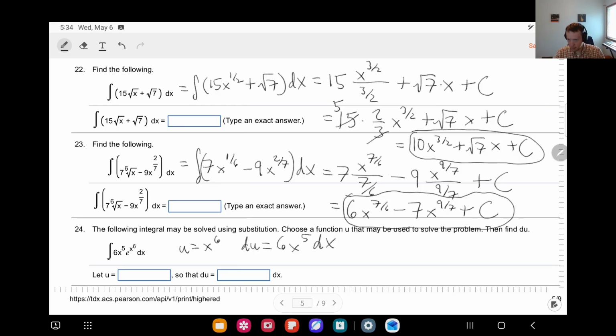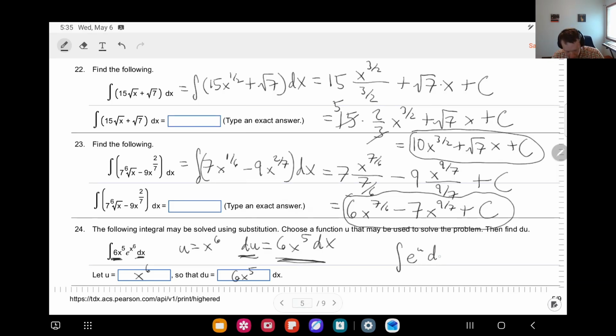So you would just need to type in the 6x to the 5th. And u equals x to the 6th. That'll work because we have a 6x to the 5th sitting in there already. So 6x to the 5th dx, that's the same thing as du.